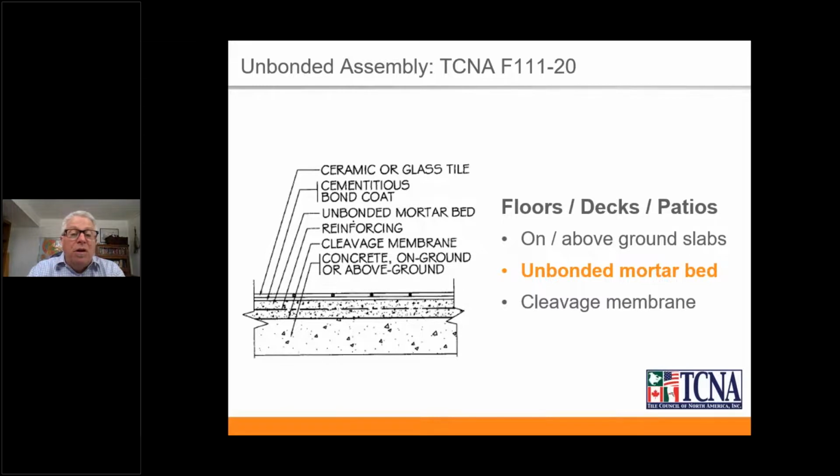But you can see here that this is an unbonded mortar bed. You can see that this works quite well, and there will be a cleavage membrane. The cleavage membrane is where you're actually going to get some movement, some forgiveness in the shear plane between the tile assembly and the structure below. And this is F112 20. You can find all of these details in your handbook. Certainly, this is a good one to take a look at here.